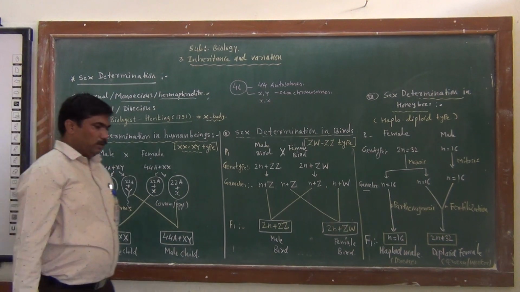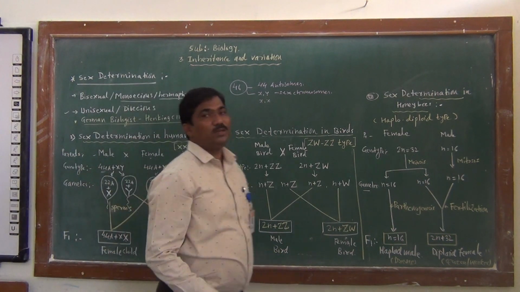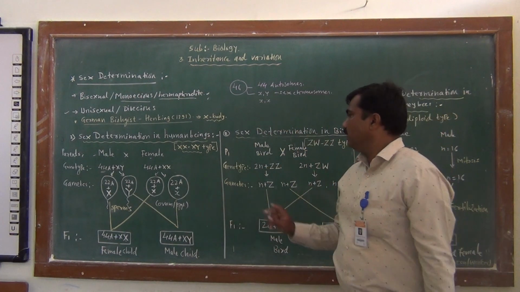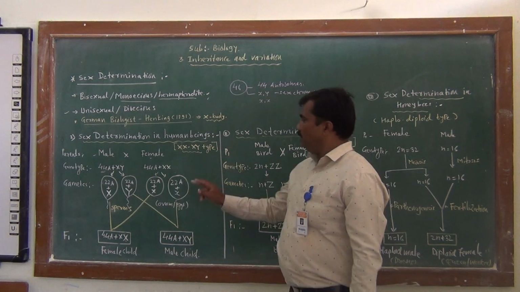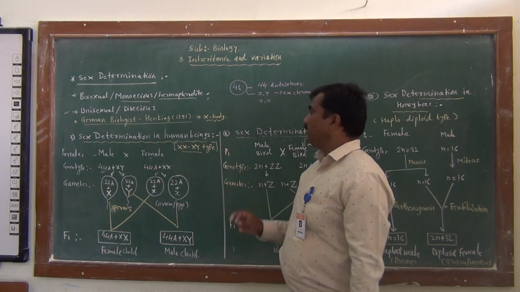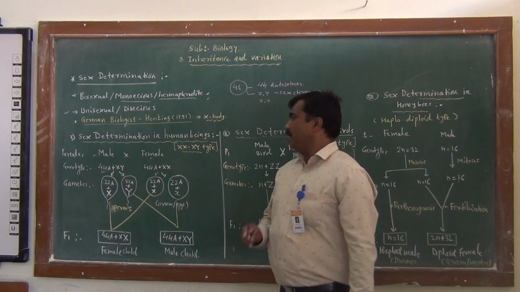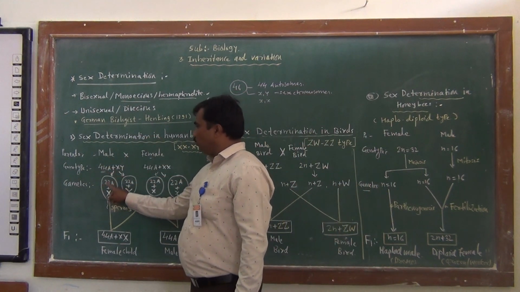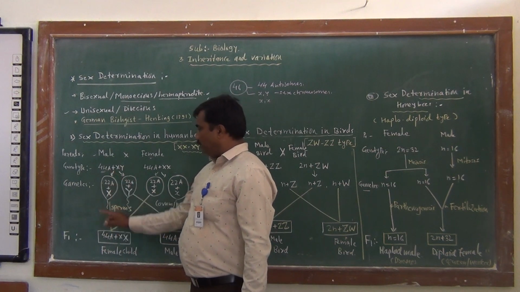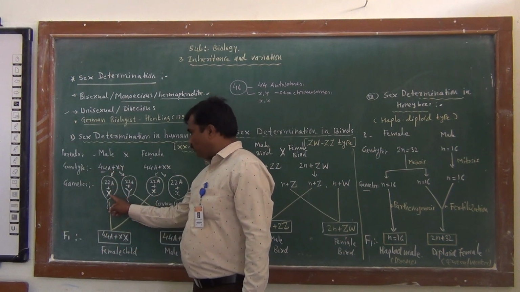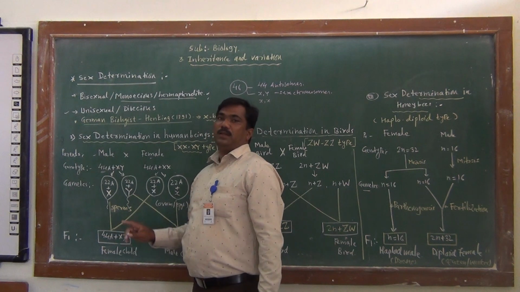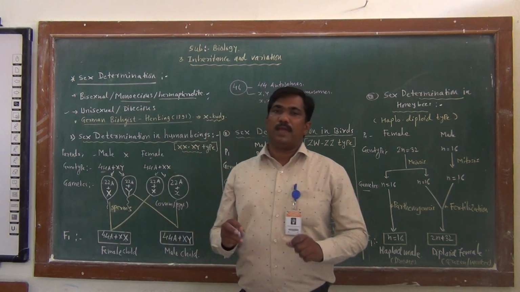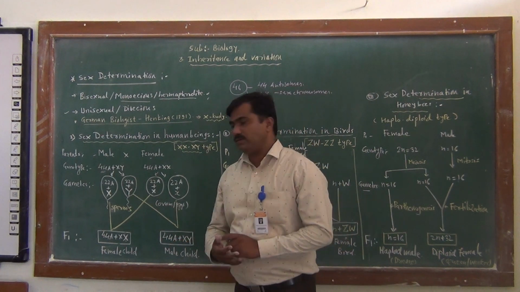The female contains 2 X chromosomes, which are similar, so the female produces the same type of gametes. The female is homogametic. In the case of male, it produces 2 types of gametes. Half of the sperm contain the X chromosome, and half of the sperm contain the Y chromosome. So 2 different types of gametes are formed during gametogenesis.